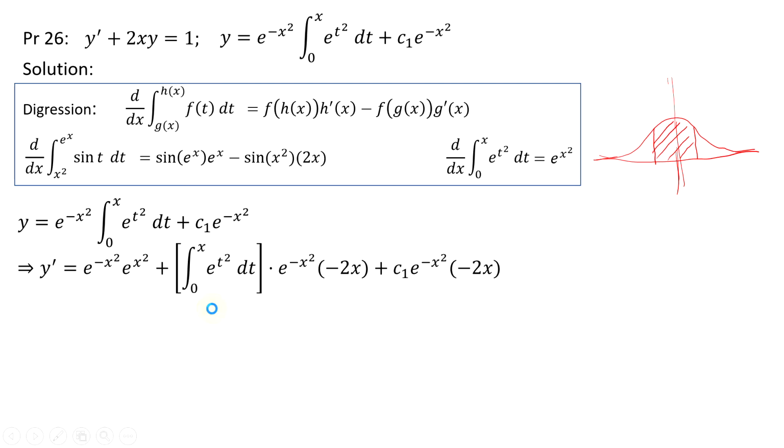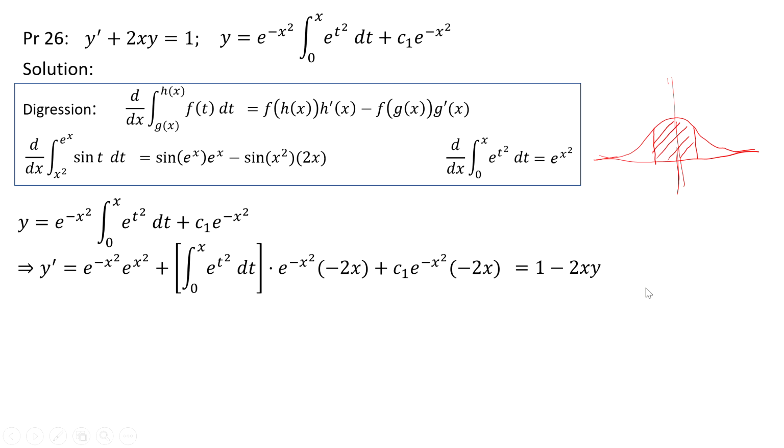So the derivative would be the first function times the derivative of the second function, that's the derivative of the integral, which we just found out to be e to the x squared, plus the whole integral stuff, second function, times the derivative of e to the negative x squared, which is e to the negative x squared times the derivative of negative x squared itself, which is negative 2x, plus c1 e to the negative x squared times the derivative of negative x squared, negative 2x. Cool.